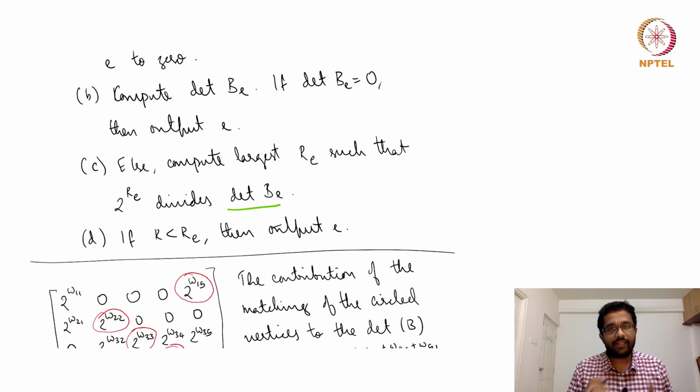Now compare r and r_e. If r is strictly smaller than r_e, then you output e. So there are two cases where you output e: one is when the determinant of b_e is 0, or when r is a strictly smaller number than r_e.